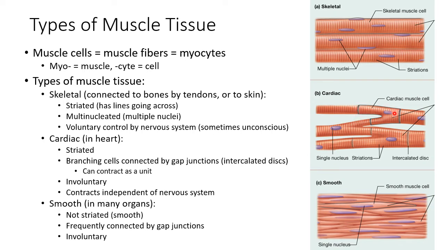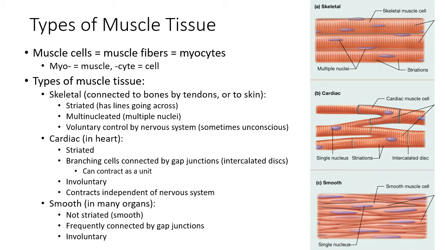So this would be one cardiac muscle cell, and you can see it's branching, and then it's connected to other cardiac muscle cells at these intercalated discs. At those discs, you have gap junctions that actually connect the cytoplasm of the different cells together, and that lets them all contract together as one unit, which you need to have a powerful heartbeat.